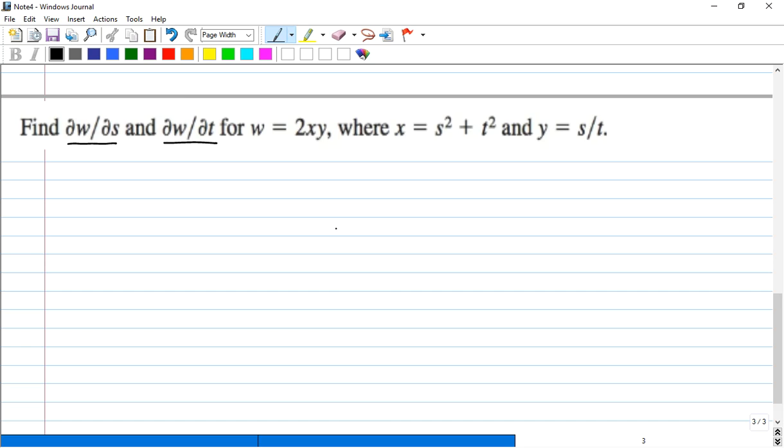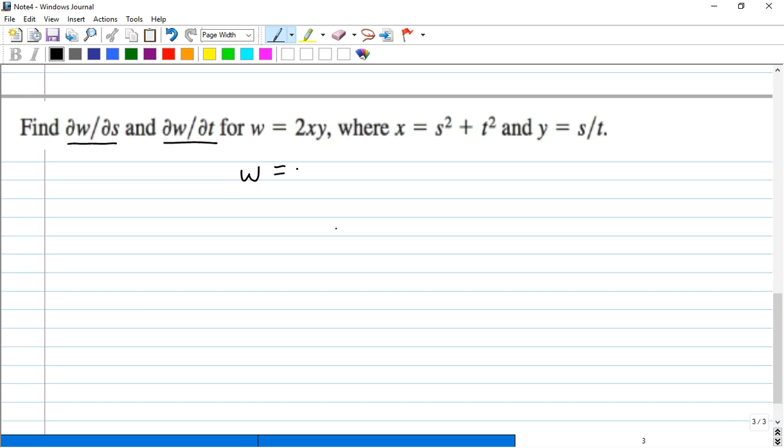All right. So what I would do first on this one is I would plug in for your x and your y, especially since we have more than one variable. Plugging in is going to make this one simpler. This is the way that I would do it, and I'm fine with you doing it this way.